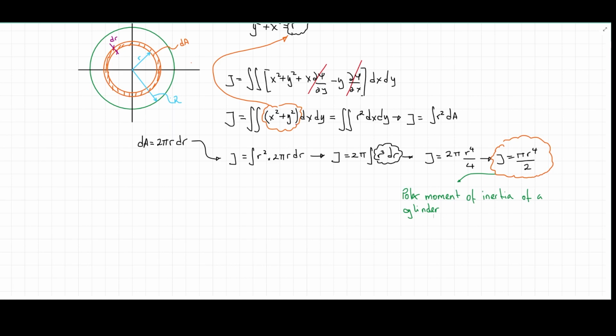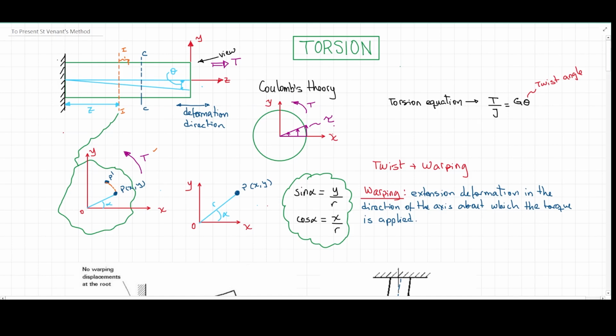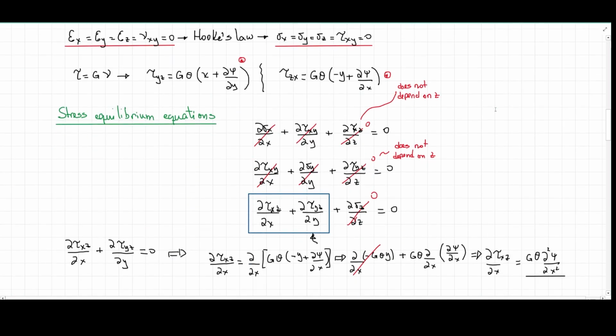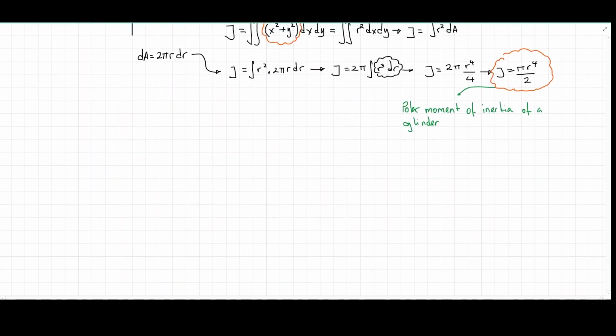Okay, but this is still not finished. So let's bring the torsion relation. We knew that the torsion equation is T/J = Gθ.